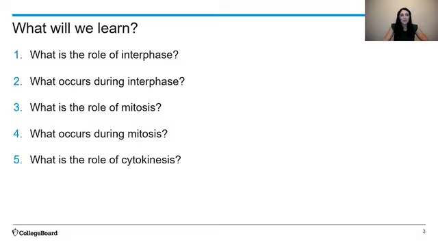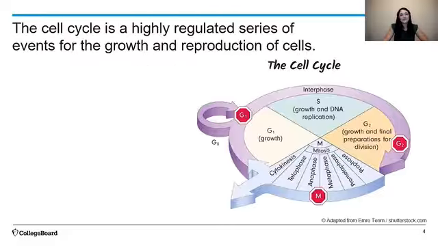Today, we will talk about the role of interphase, what happens during interphase, the role of mitosis, what happens during mitosis, and the role of cytokinesis. So the cell cycle is a highly regulated series of events for the growth and reproduction of cells.